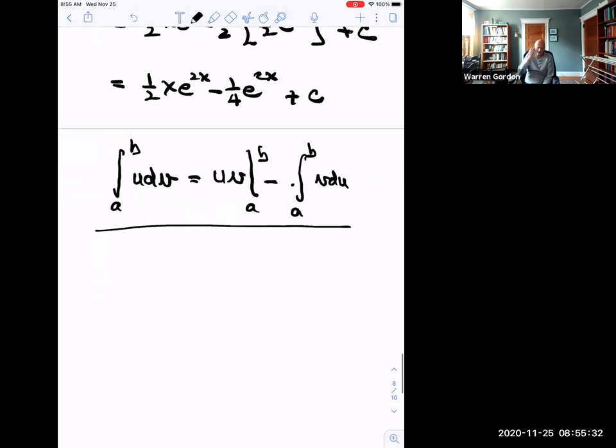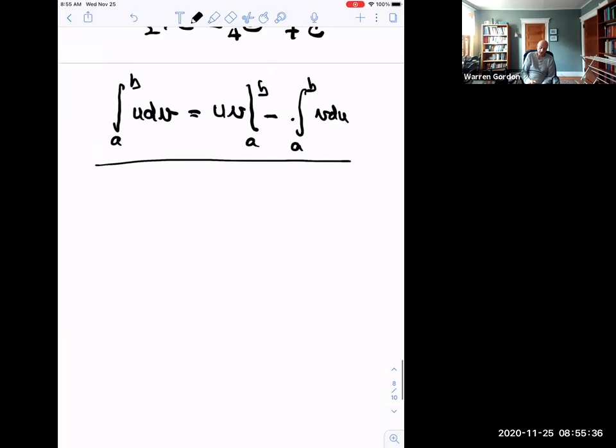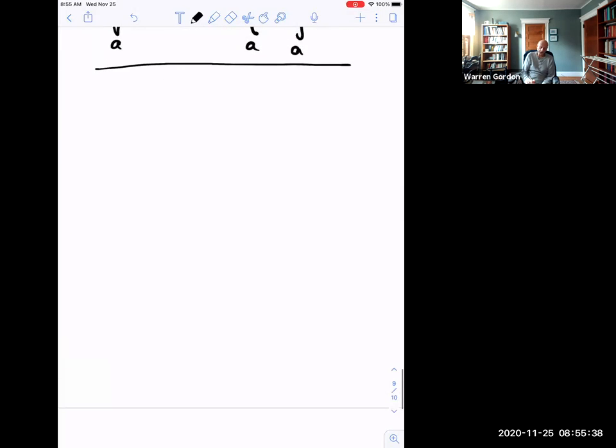Now, sometimes integration by parts has to be repeated. What do I mean? Well, let's look at a very similar example to one I did a minute ago. Suppose I have the problem, the integral of x squared e to the 2x dx, and I wanted to compute this integral.